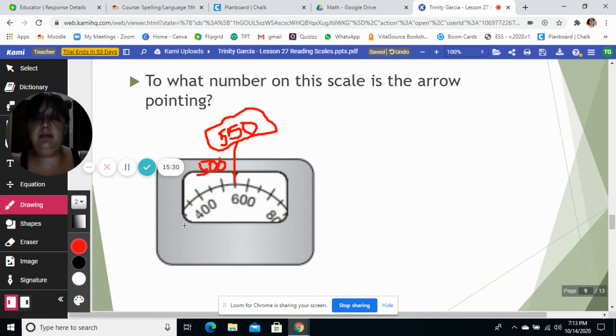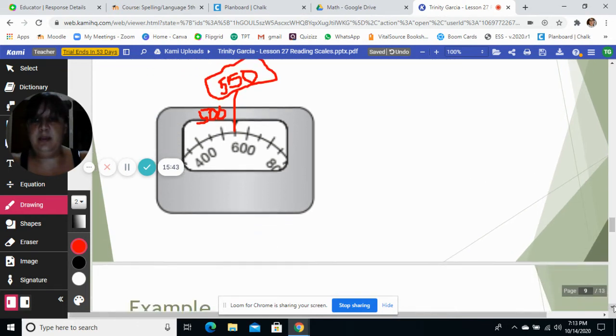So we need to remember to read in order of the numbers, what order they're moving, and how much each line is worth, even if it's not labeled. Those things have value, even if they aren't written on there.